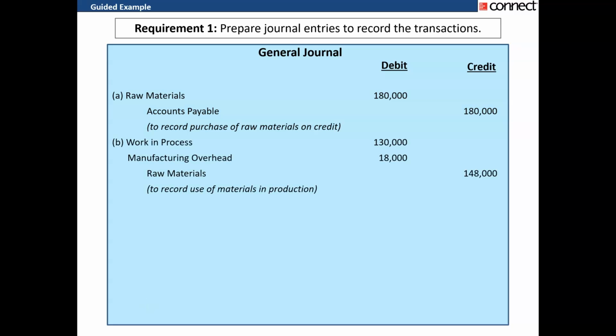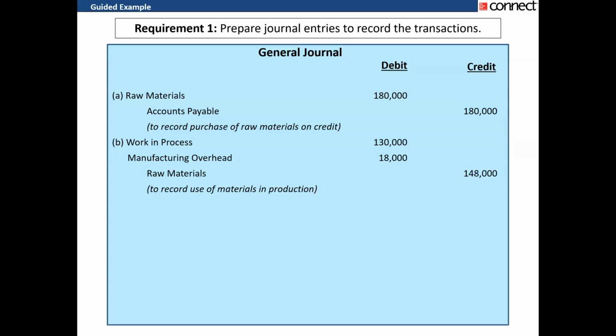B, record use of materials in production. Okay, we're going to take some of that $180,000 and actually use it to start the production process. And in B, I had talked about part of it is direct materials, part of it is indirect materials. $130,000 was direct materials. That goes into work in process inventory.